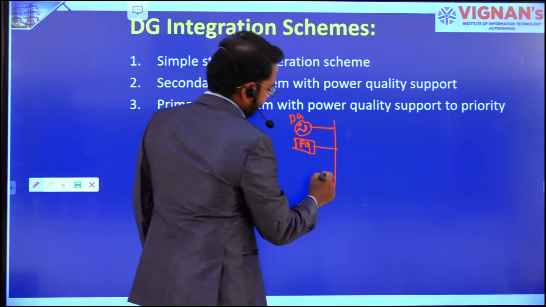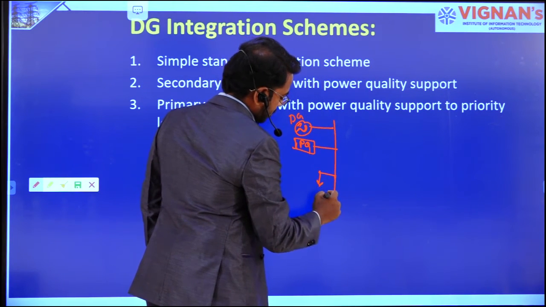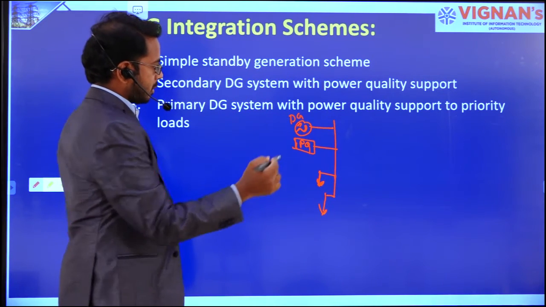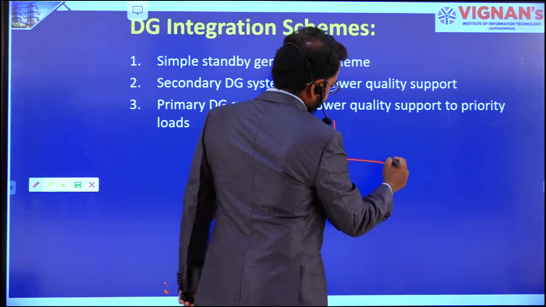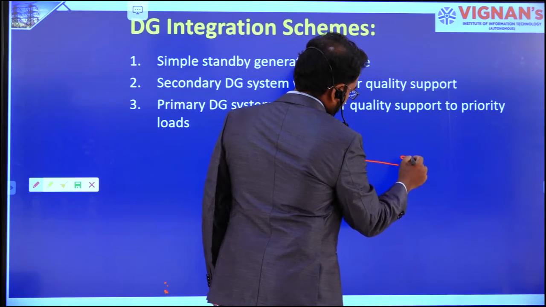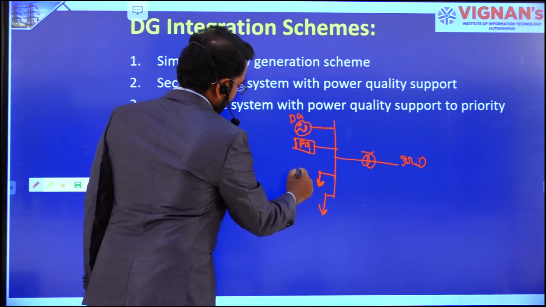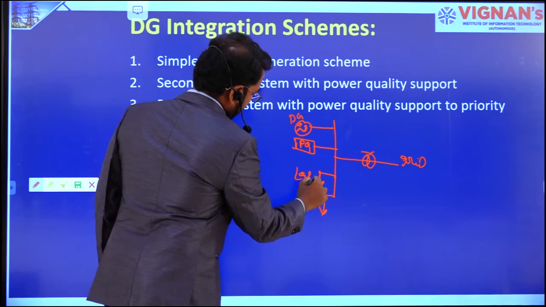And for the priority loads, we have different types of loads. In that we have to give high priority to some loads. That is one type of scheme. You can say this is the grid side, and these are loads.